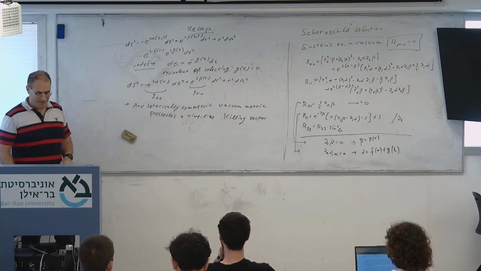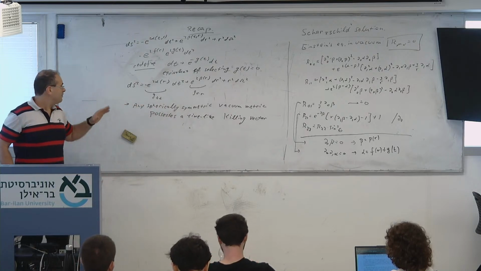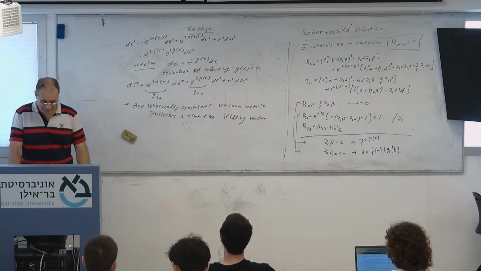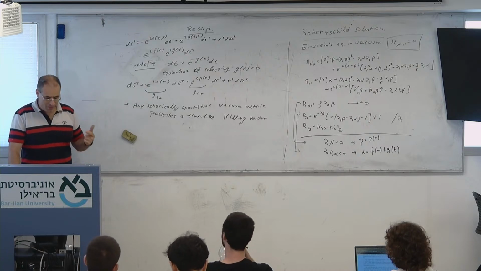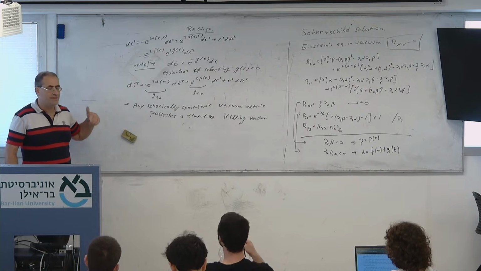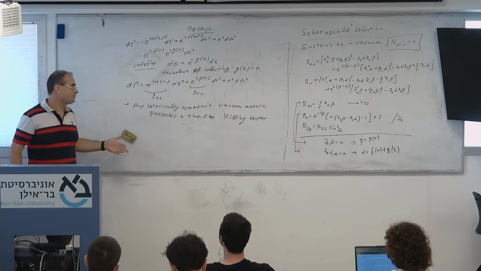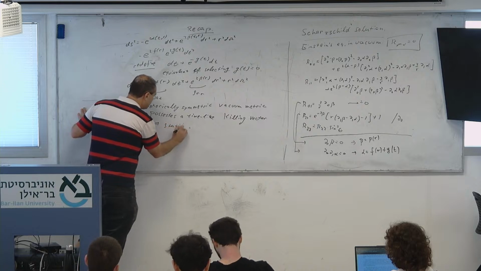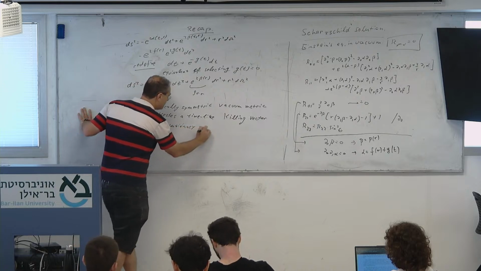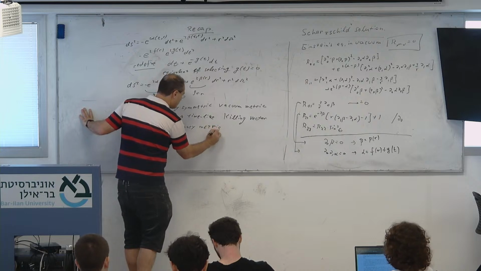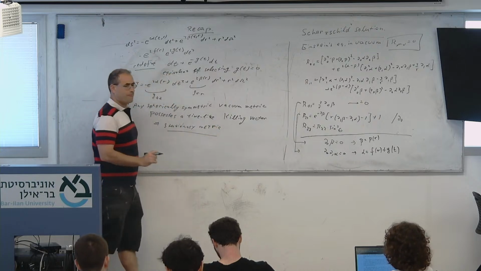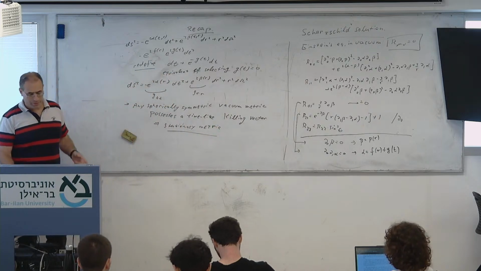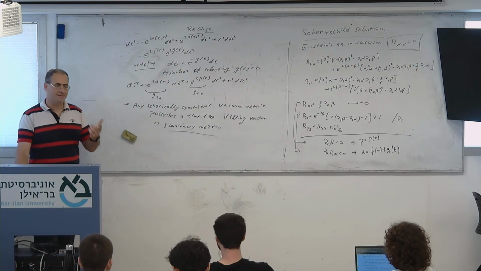Now, a metric that possesses a time-like Killing vector is technically called a stationary metric. This is a stationary metric. There is also a metric which is called static.